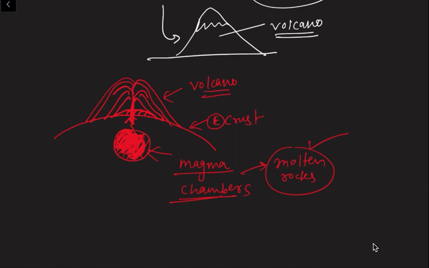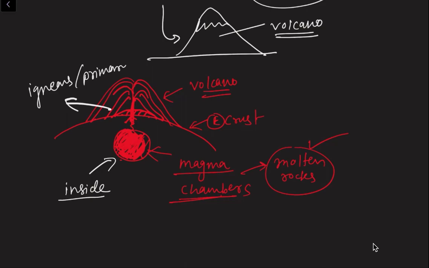Now, for a volcanic mountain, the rock material required comes from inside of the earth. So what type of rock do we get after this? Igneous rock, a kind of primary rock.